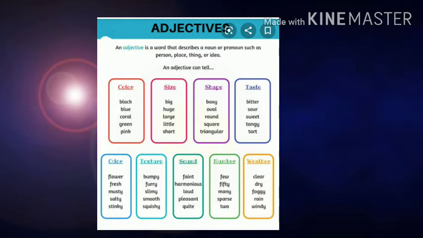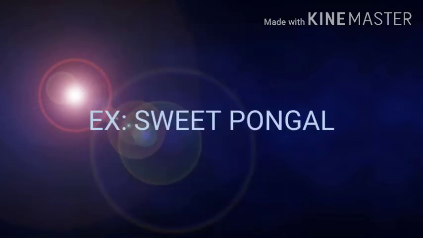For example, if we have a noun pongal, shall we consider a small example? Pongal is a traditional food.